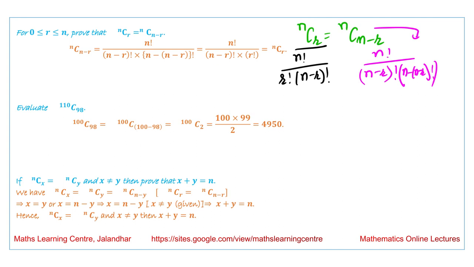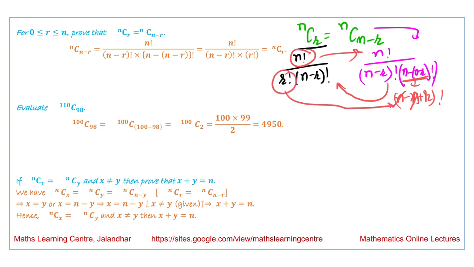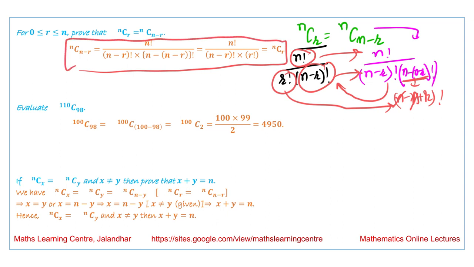Look at this term over here. It is (n minus r plus r) factorial. So this n minus r and n minus r get cancelled. What we get is n factorial over r factorial and (n minus r) factorial. So we obtain that both these values are equal to each other.